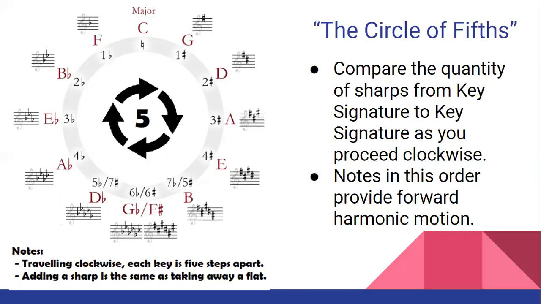You'll notice that when we go from 0 sharps to 1 sharp, C, D, E, F, G, it's still 5 steps away. And this will continue all the way around until you get back home to C major. Because if you're comparing F major to C major, which has 1 flat, and you're going to 0 flats, it's F, G, A, B, C, still 5 steps away.